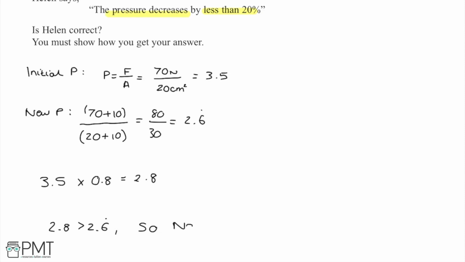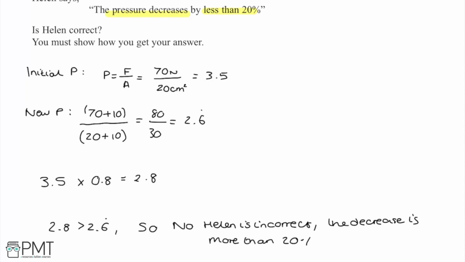So no, Helen is incorrect. The decrease is more than, as opposed to less than, 20%. And that is the correct conclusion here for this question.